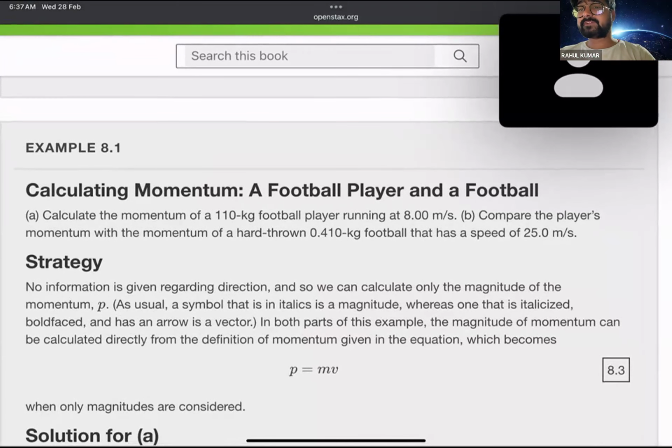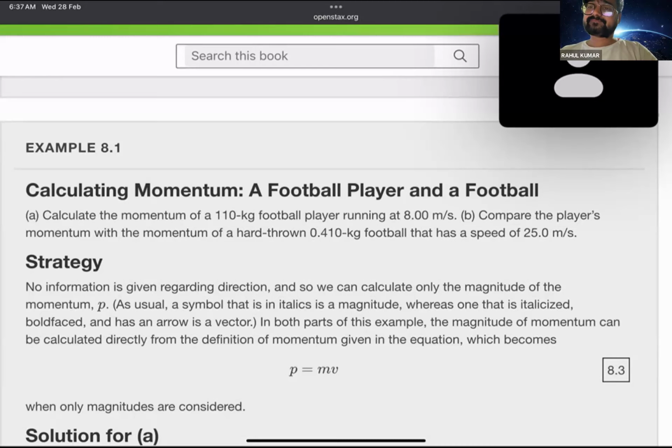Is that 0.41 kg? And the speed is 25 meters per second. So the speed of the football is higher than the speed of the player. Yes. So let's calculate the momentum of the ball. What will that be?